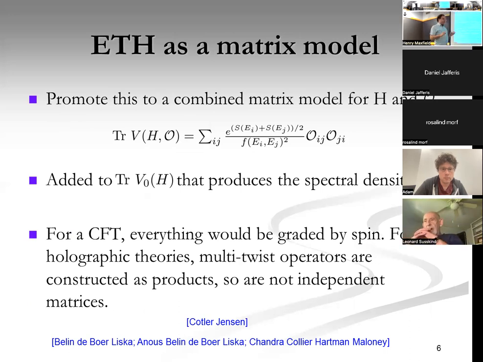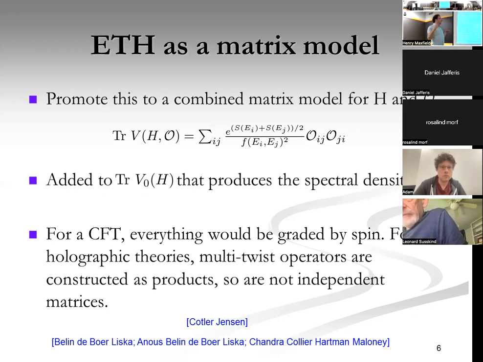But it seems very natural to reinterpret this thing as a matrix model. We can say that we have a combined model for the Hamiltonian and this operator model, and there's a matrix potential for just H, which, in the case we're talking about soon, is going to be the SSS double scale potential.